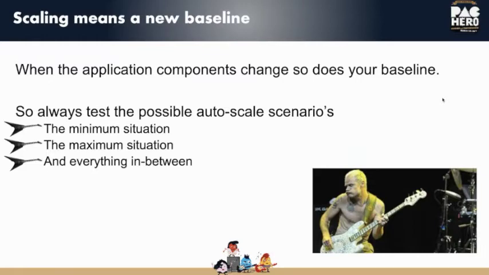When you are changing your database server from 1 to 5, I give a random number, so does your performance. Maybe it becomes way faster or it becomes way slower. So you need to test every scenario in your autoscaling, from the minimum situation until the maximum situation, and everything in between.